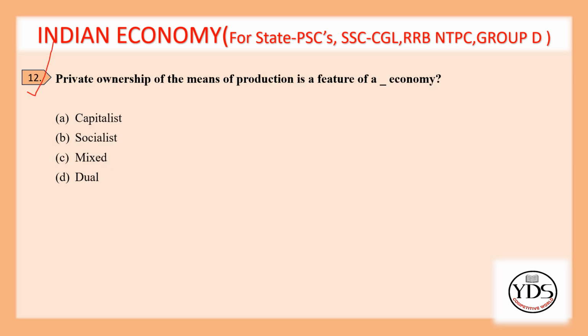12th question, private ownership of the means of production is a feature of a dash economy. Capitalist, socialist, mixed, dual.